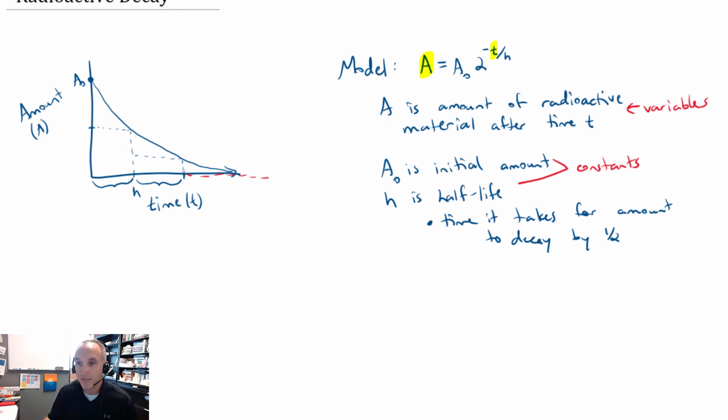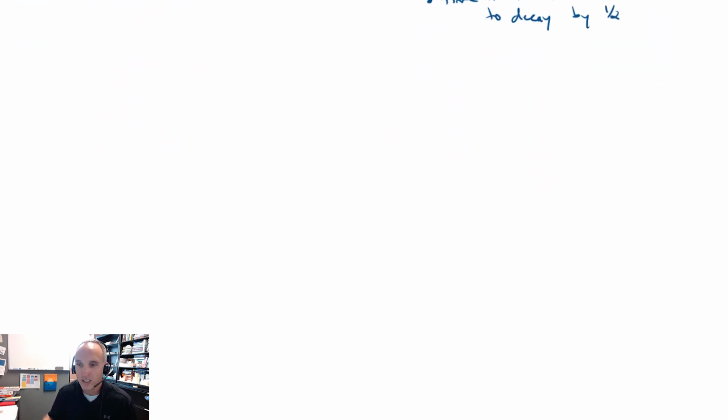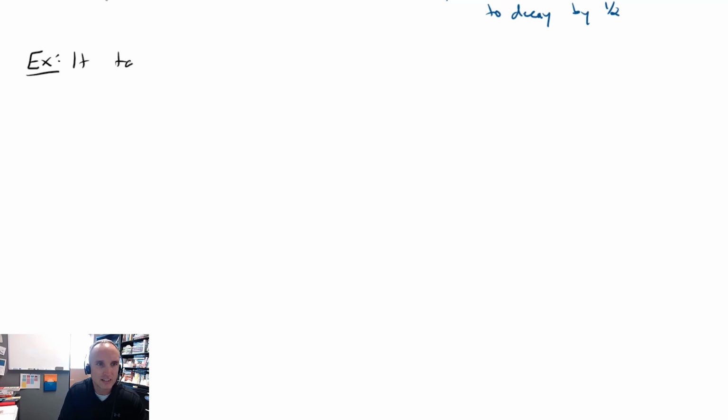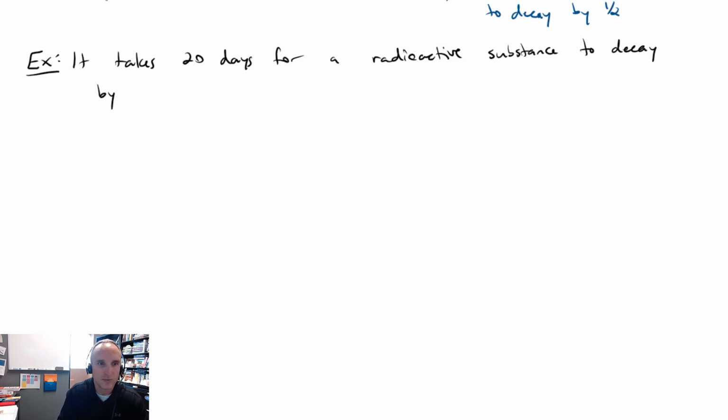Sometimes we know the half-life, sometimes we do not. We'll do one example here. The way models always work is being able to read a problem and interpret what it's saying. So let's say it takes 20 days for a radioactive substance to decay by, let's say, 15%.